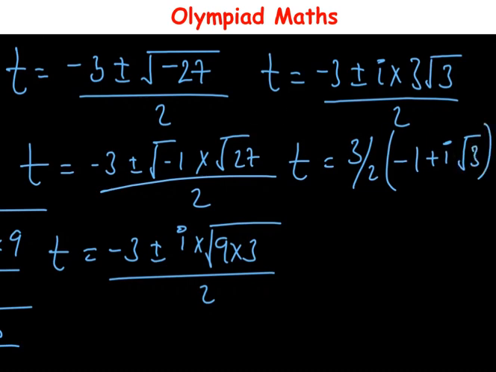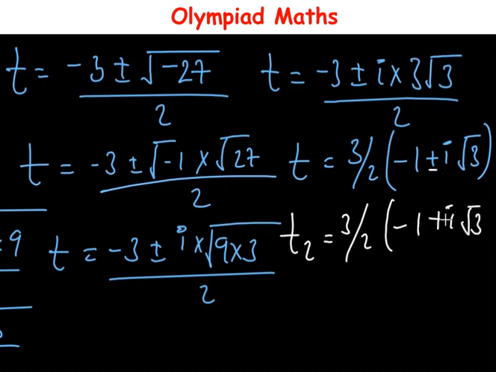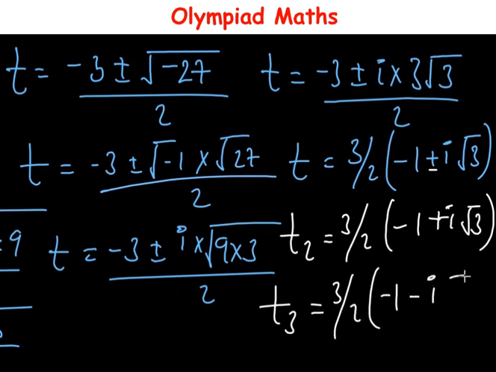Therefore, the second value, t2, is equal to 3 over 2 into bracket minus 1 plus i times root 3, while the third value of t is equal to 3 over 2 into bracket minus 1 minus i times root 3.